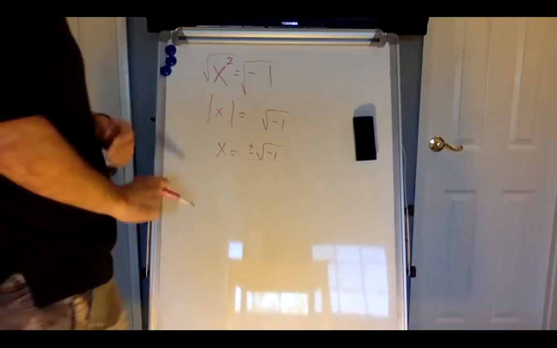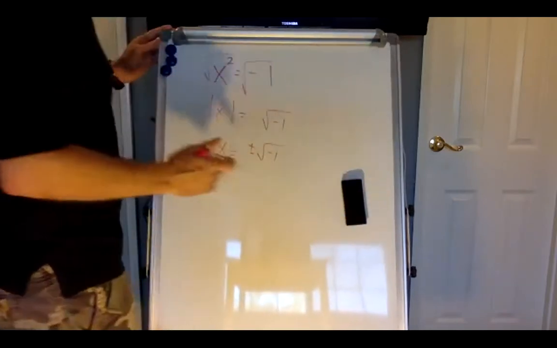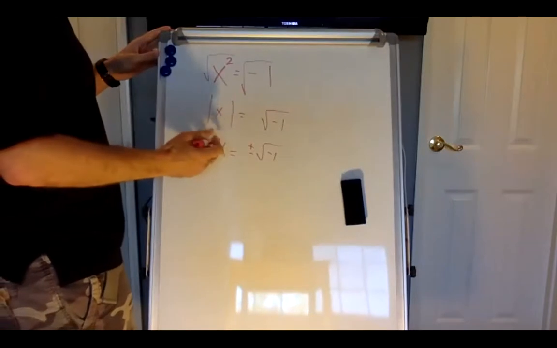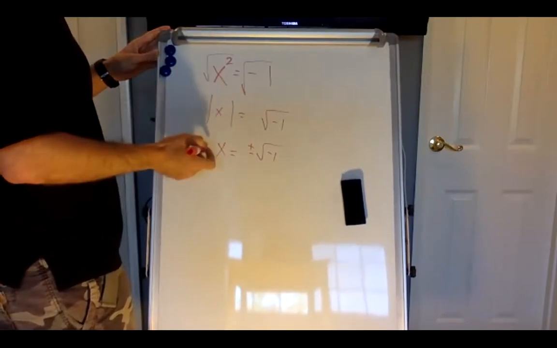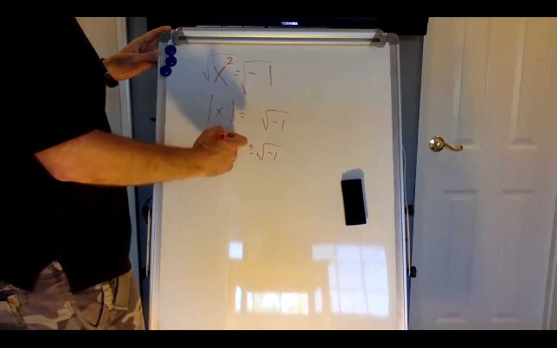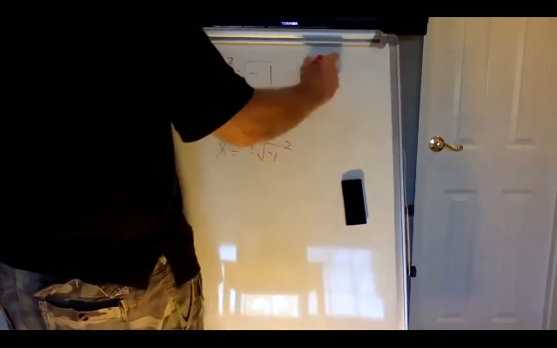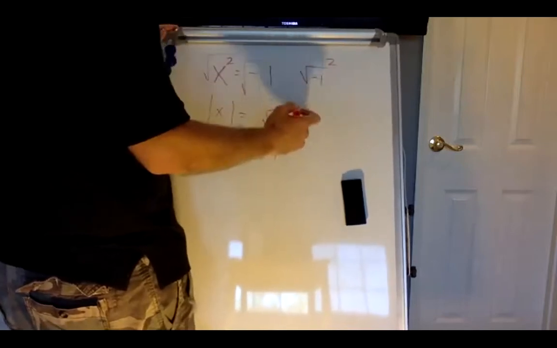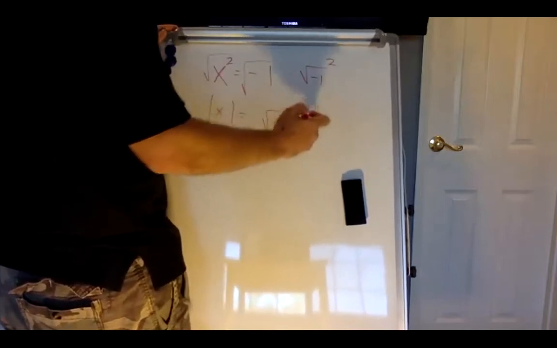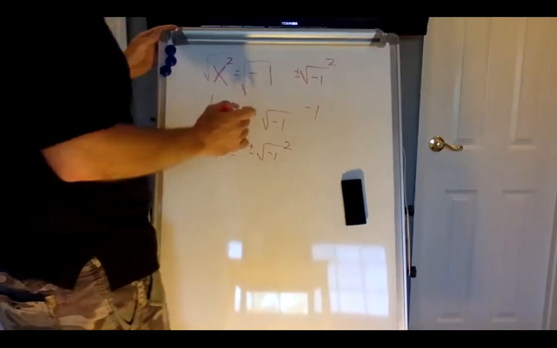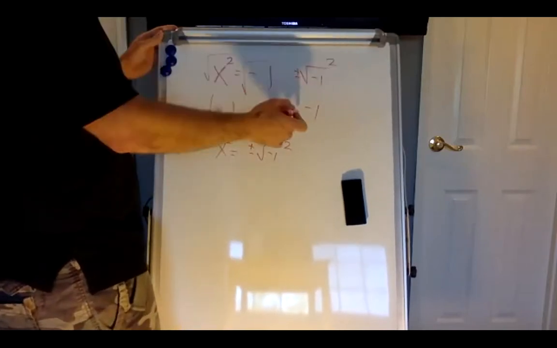It could be positive i or negative i. What's negative i? Now, how do I put this back to the way I had it? If I square both sides, there are two ways to look at it. In the first case, if I square a square root, I get back to where I started. And it doesn't matter whether this is plus or minus, because when you square it, it's positive.